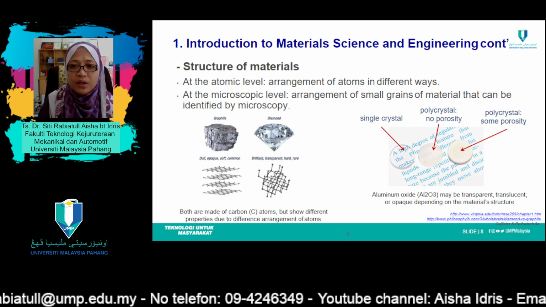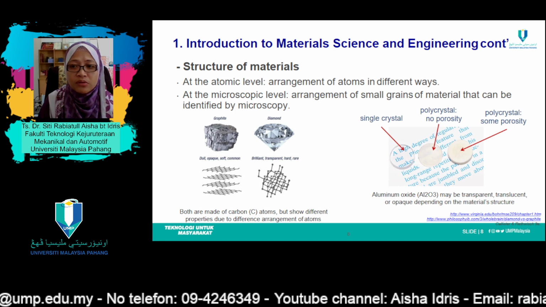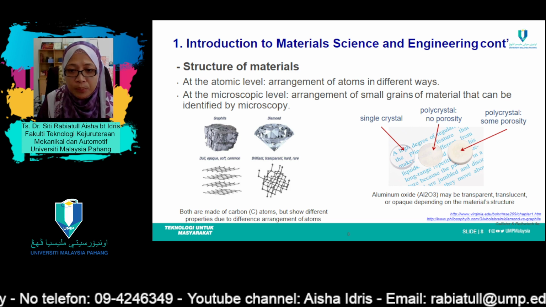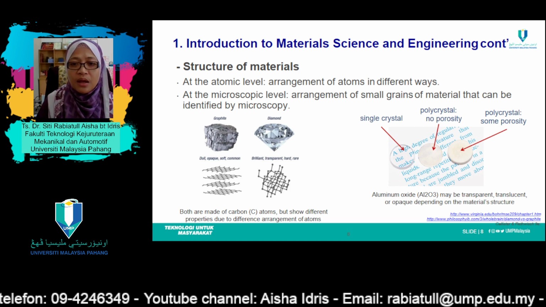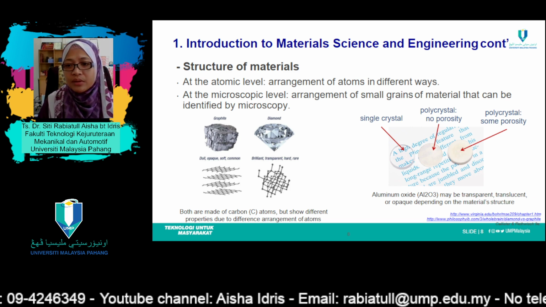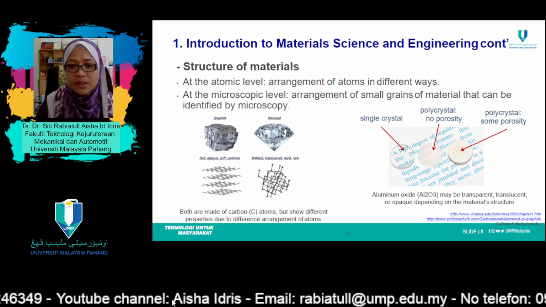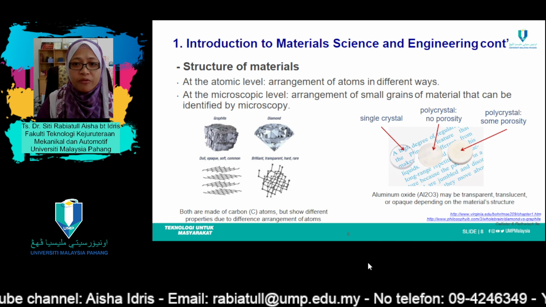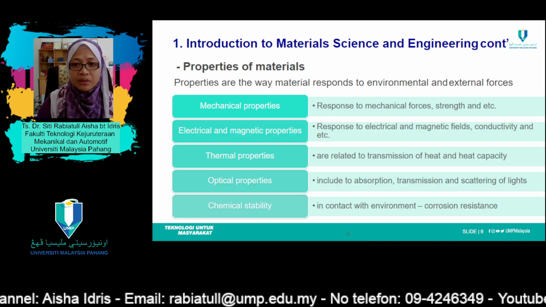Microscopic level refers to the arrangement of small grains of materials that can be identified by microscopy. You can see examples of materials in the slide here, for example carbon and also aluminium oxide, with different structures of materials.